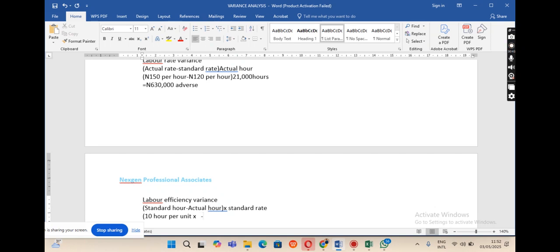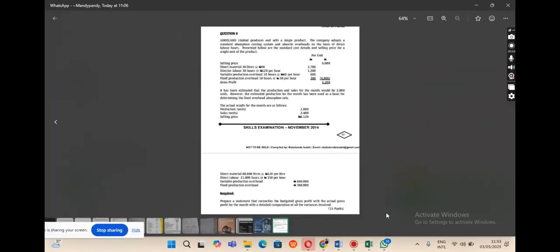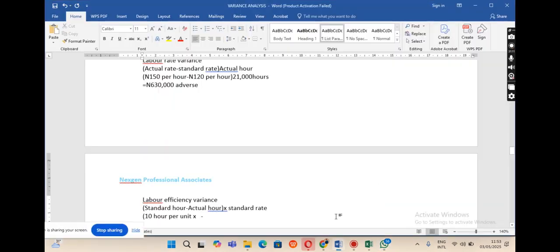So minus, what is the actual hour? 21,000 hours. So you cannot compare the standard and the actual. The standard must have element of actual. So therefore, the 10 hours per unit, you multiply with the actual units so that you can compare Leslie that has 4 wives and the person that has 2 wives. Is that not so? So you multiply by the actual.